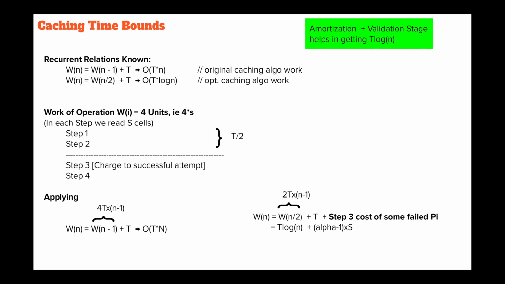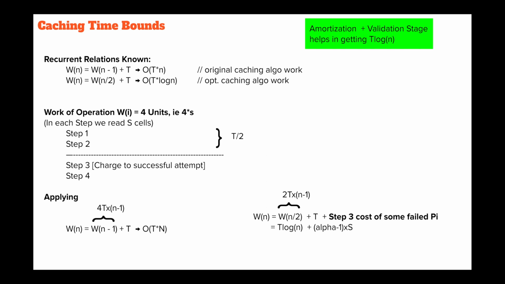As we discussed, there are 4 stages in the operation. One is performing the operation on the local copy, which is inexpensive, then validating, then claiming, and then the final stage, updating.